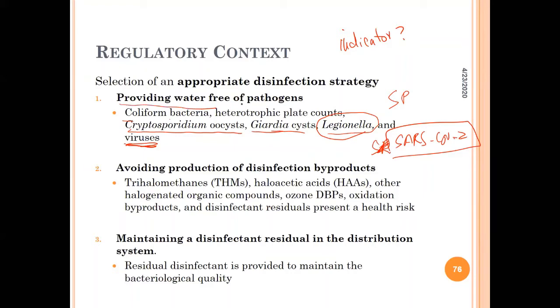So the strategy is that we have to provide water free of pathogens. Not only this, we have to avoid production of disinfection byproducts. If you use some chemical, particularly chlorine, then different kinds of byproducts are formed, including trihalomethanes, THMs, or haloacetic acids, and some other halogenated organic compounds.